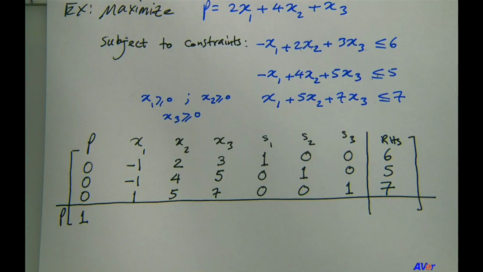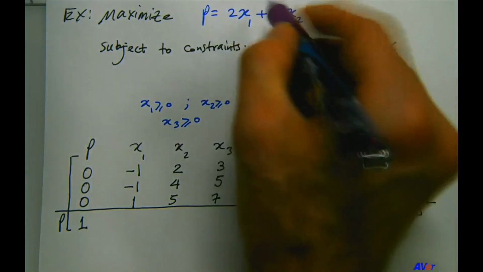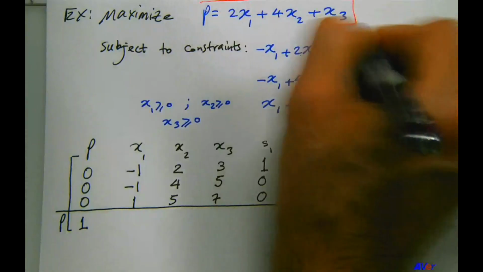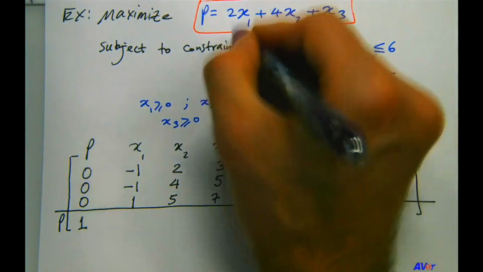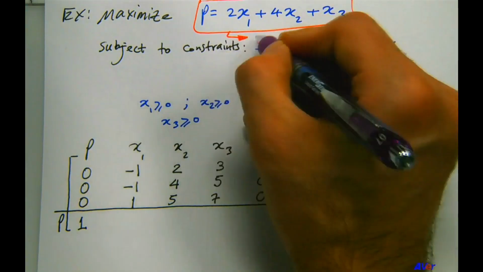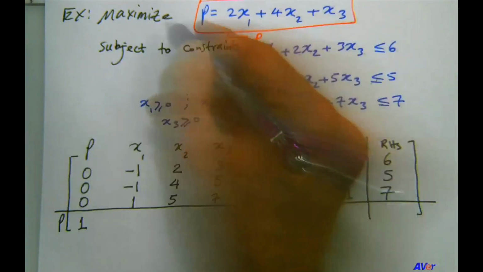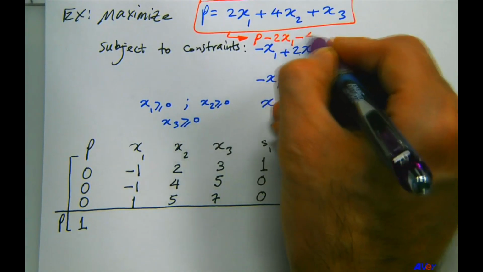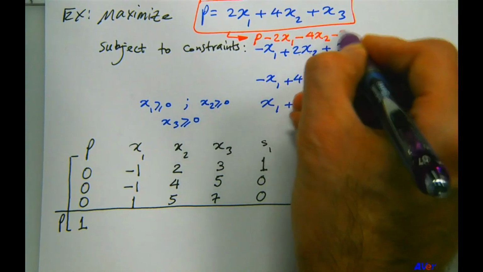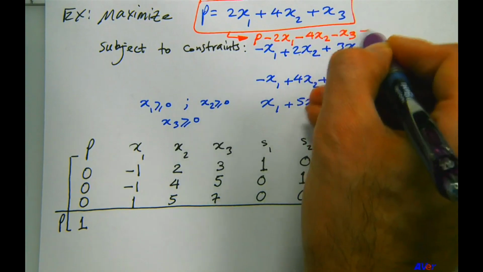All right, so what about the objective row here? Remember, I hope you didn't forget that for the objective row, we need to rearrange the objective function. So when we rearrange it, move everything to the left: P minus 2x1 minus 4x2 minus x3 equals 0.